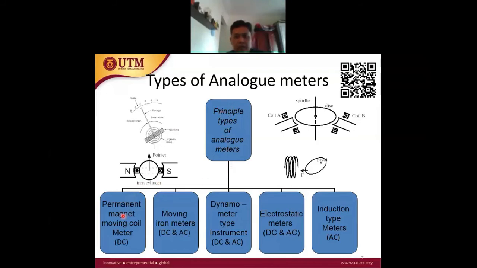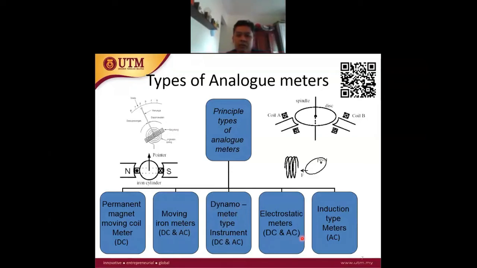The first one is called the permanent magnet moving coil, or PMMC. This is the general or fundamental type, and it is used to measure direct or alternating current and voltage. Then there is the moving iron meter, DC and AC.